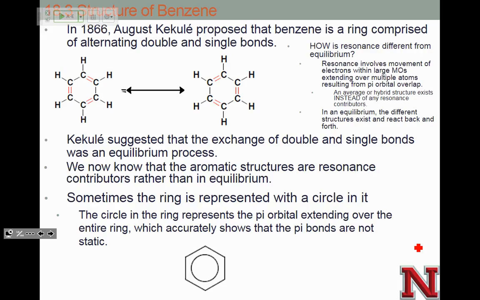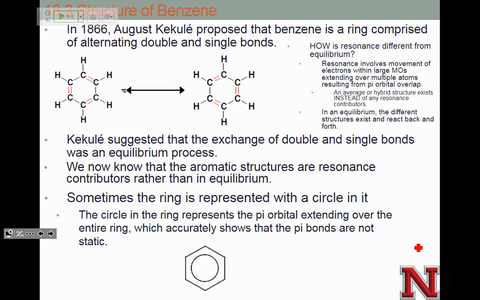You can represent it as Ph if you're not actually doing a reaction with the benzene. It's just hanging out. But the more common way is actually to draw it out. And you can either show your 3 alternating double bonds, or you can draw it with a circle in the middle.